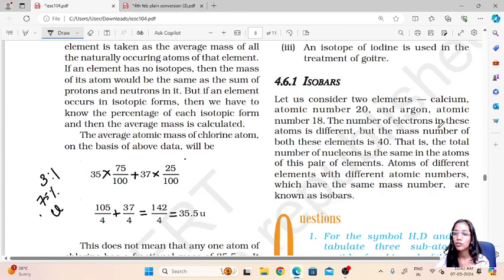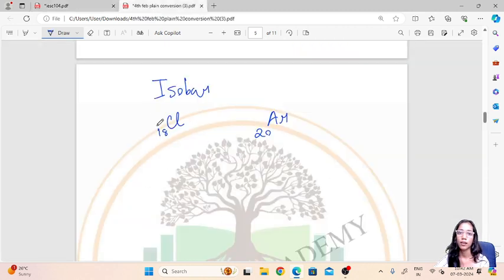Now the number of electrons in these atoms is different, but the mass number of both is 40. Okay, the number of electrons is the same as the number of protons. But protons are the ones which carry mass, so we consider it in the atomic number. Both are said to have the same mass number, 40.